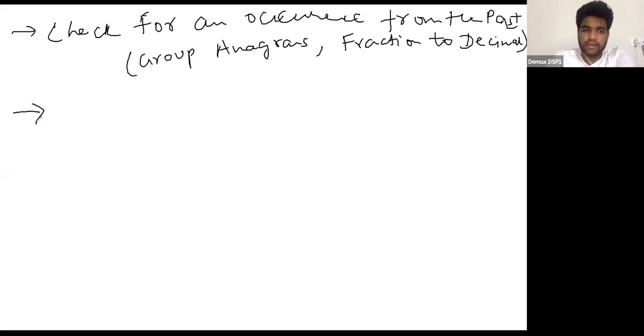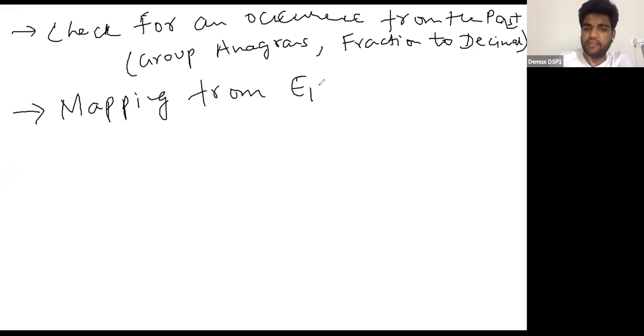Then the next question that we did, on the list, the pattern was that there needs to be an explicit mapping from some entity E1 to E2. We looked at this in the copy list question.